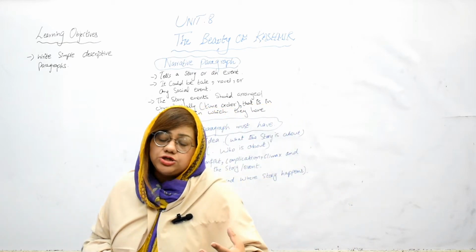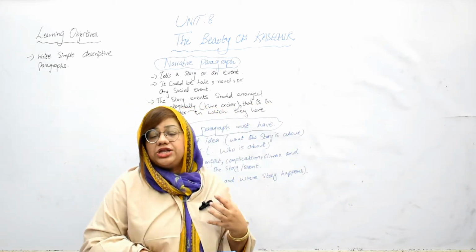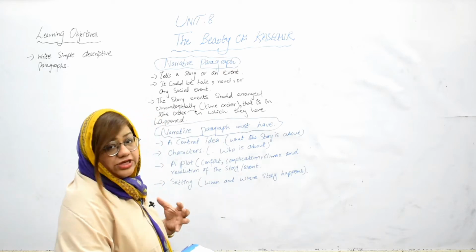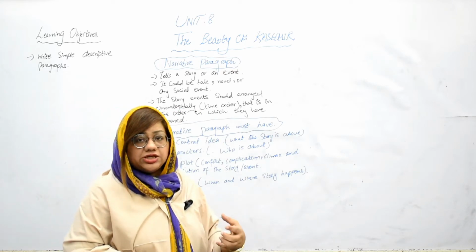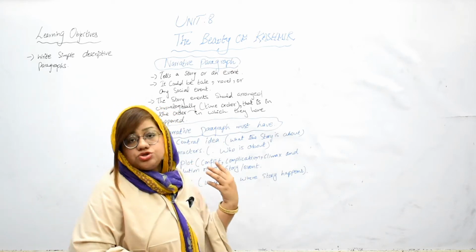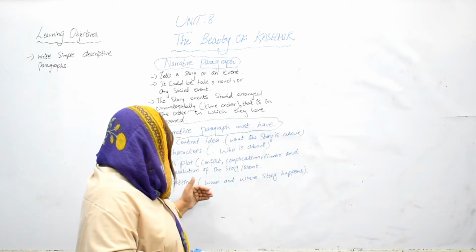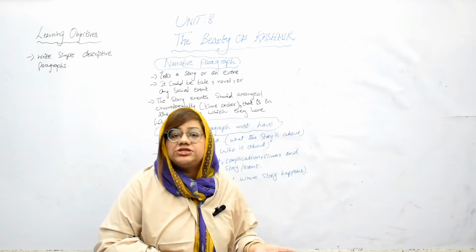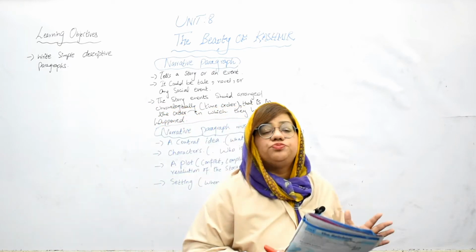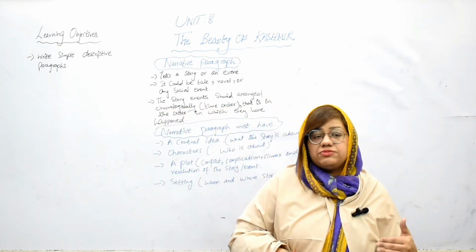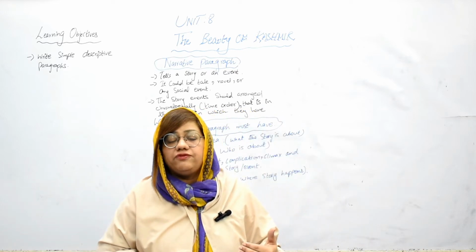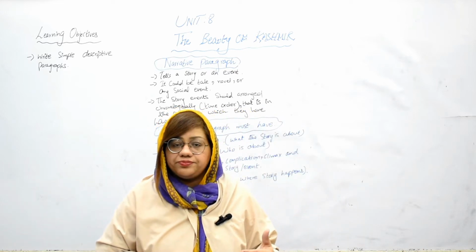That is the end part of the story or event, and it is very important. Don't forget to write the end of the story, the resolution of the event or story. And the last one, the setting: when and where the story happens. The location must be mentioned in your paragraph whenever you're writing a narrative.